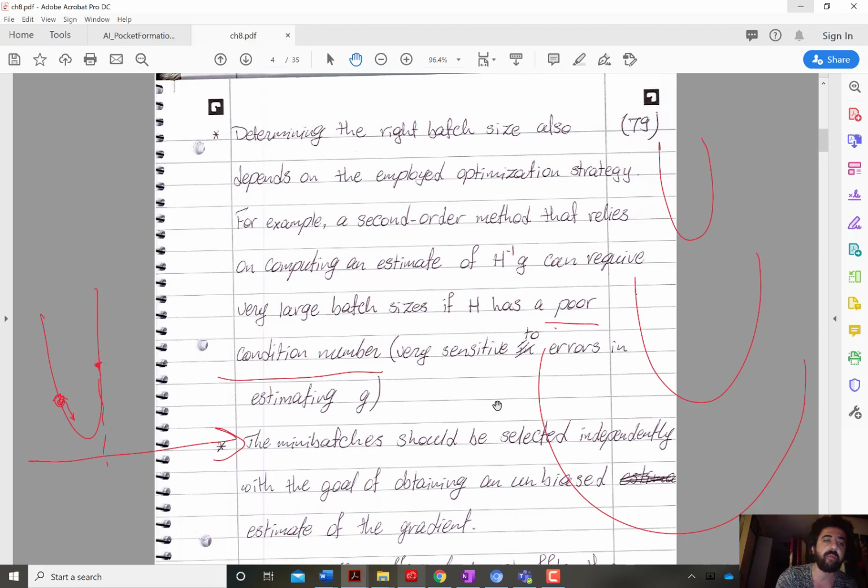So here I'm depending on the gradient to minimize the cost function. That comment was saying that for second order methods, the effect is even more explicit than this, because I don't depend on the gradient to update the parameters, I depend on H inverse G. So even the direction I use to minimize the cost function could be erroneous, because that direction is very sensitive to errors in G, because there is a large discrepancy along the different dimensions or the different bases of that direction.